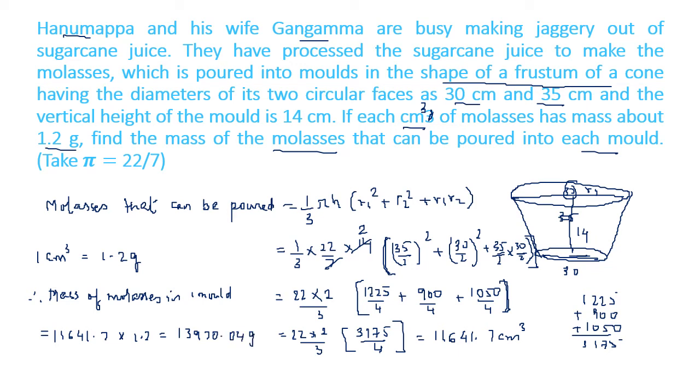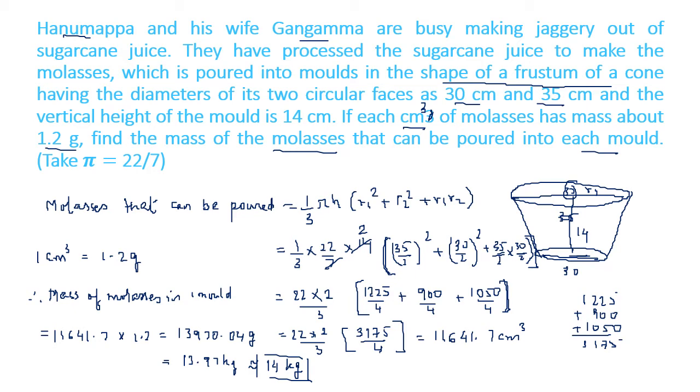This is almost equal to 13.97 kg, almost equal to 14 kg. So 14 kg jaggery can be made from 1 mold using this molasses.